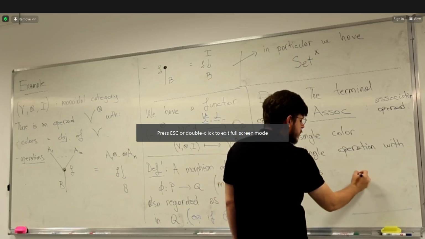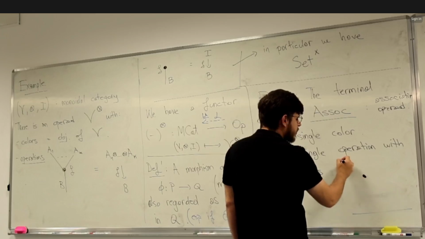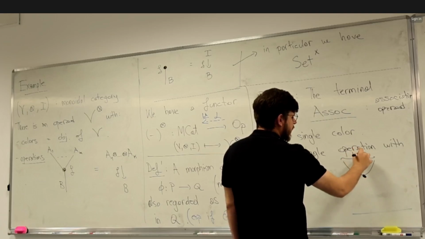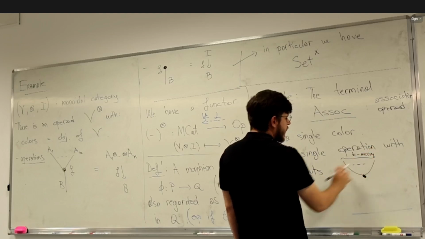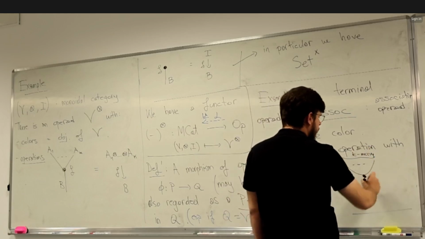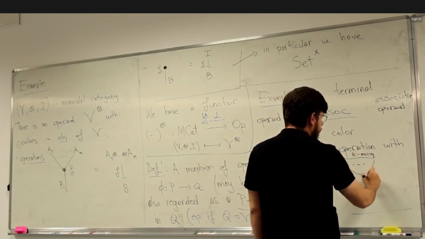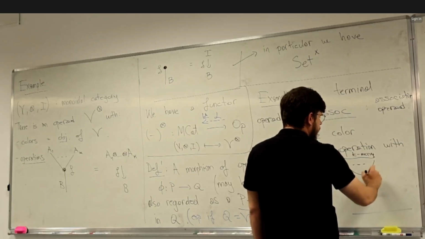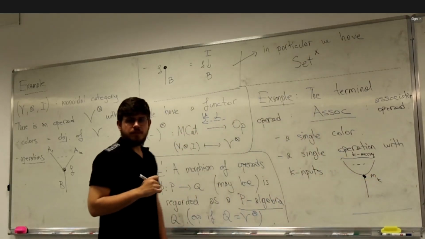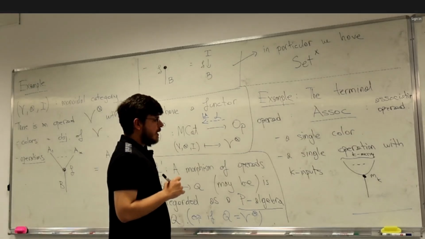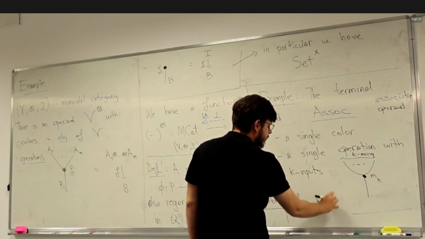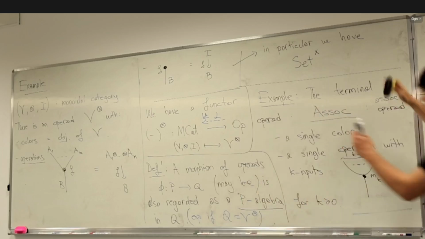So in this operad, there is a unique operation where these are k many inputs here. We have one color, so it doesn't matter what we call this, and one output. So let's call this something like m_k, and this is for all k bigger or equal than 0. So this is the terminal operad.